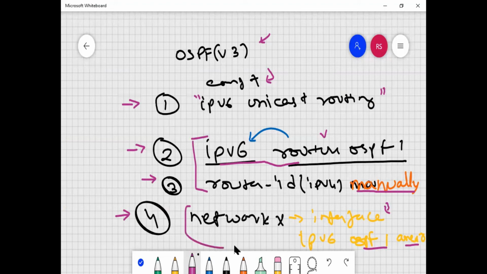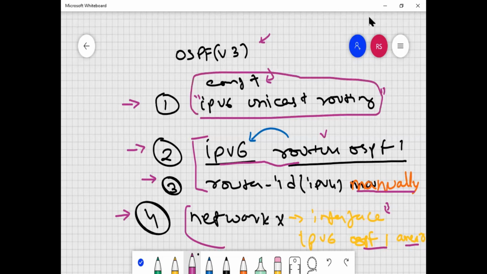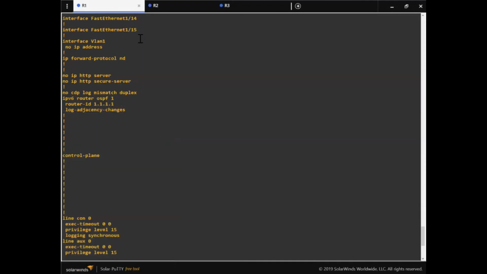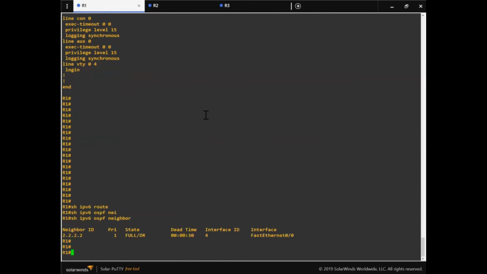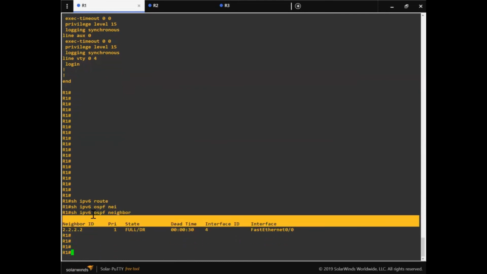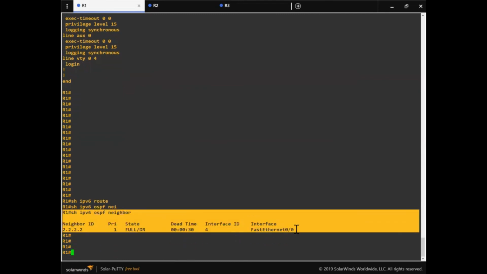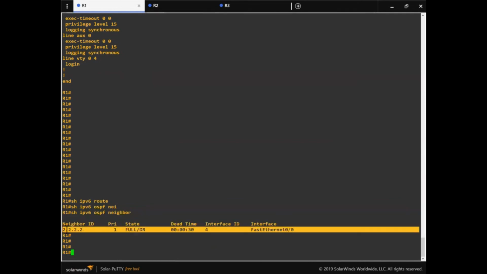Instead of the network command, I need to go to the interface and write this particular stuff, and I need to enable IPv6 routing everywhere. When I do this, you can check show IPv6 router, show IP OSPF neighborship. You can see the neighborship will come up for our IPv6. And why is it showing 2.2.2.2?